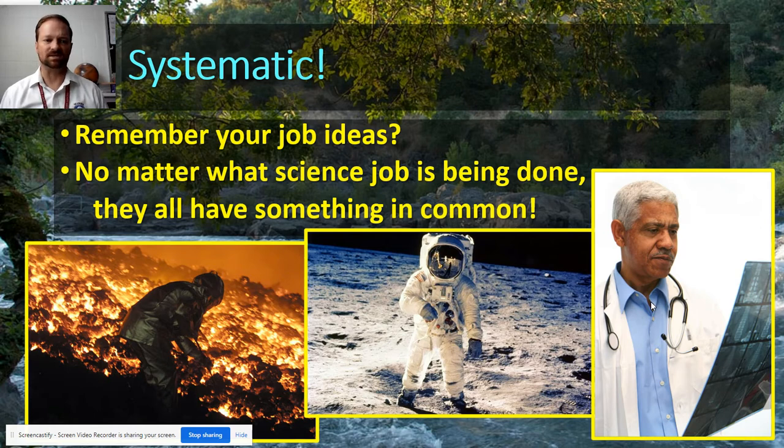All right, so science is systematic. Your job ideas that you came up with, jobs that use science, and the ones that I put on the screen, here's a couple of them. No matter what the job is, science has to be adhered to. The system has to be followed. There's a systematic approach. Science with its system makes sure it is done right.